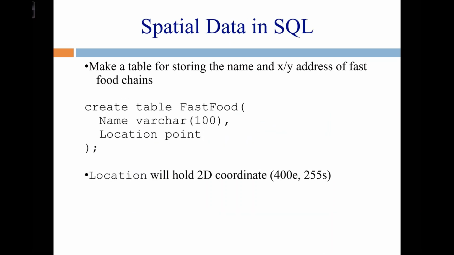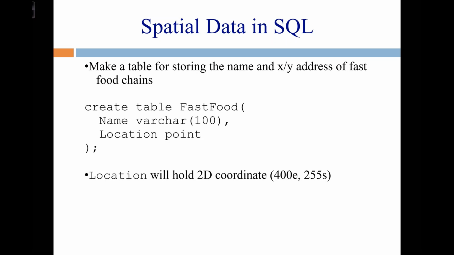Okay, so dealing with spatial data in SQL, I talked about those 3 types: point, polygon, line string. Let's say I want to make a database of fast food actual locations. So it has a name, the name of the place, and then a location.